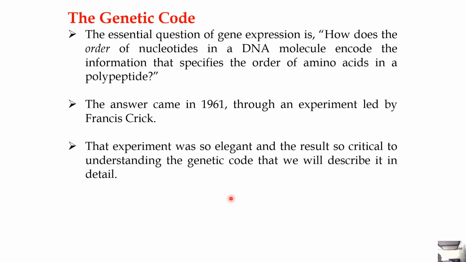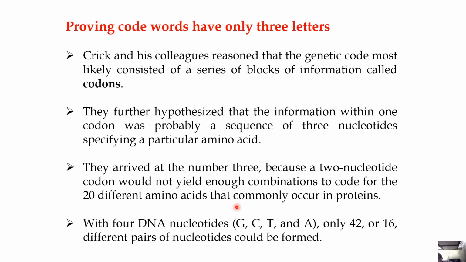The genetic code. The essential question of gene expression is how the order of nucleotides in a DNA molecule encodes the information that specifies the order of amino acids in the polypeptide. The experiment was so elegant, and the result so critical to understanding the genetic code, that we describe it in detail. Crick and his colleagues reasoned that the genetic code most likely consisted of a series of blocks of information called codons.